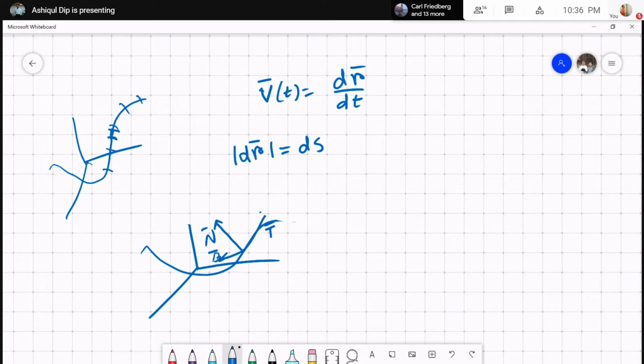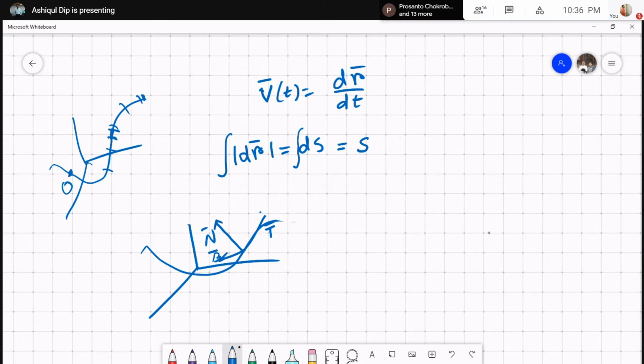Now at some initial point, starting from the initial point up to some point, if you integrate this thing, it gives you that s, which measures the distance along this curve starting from that specific point, say O. Starting from point O up to some point, it gives you the total length, right?